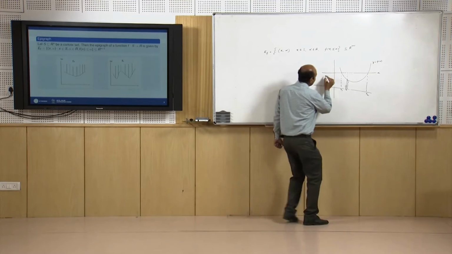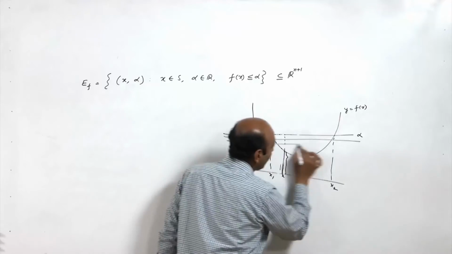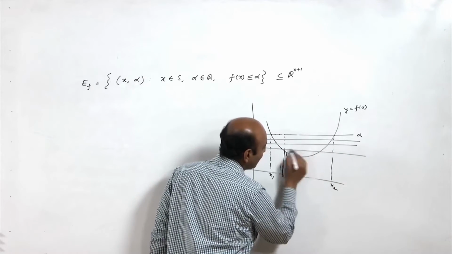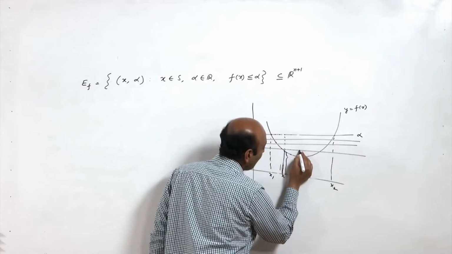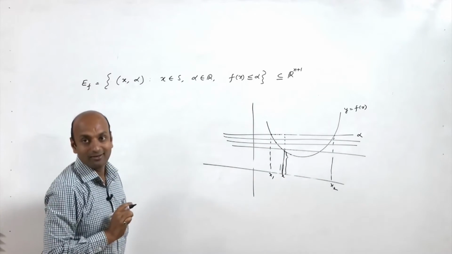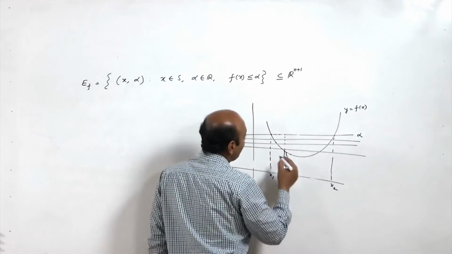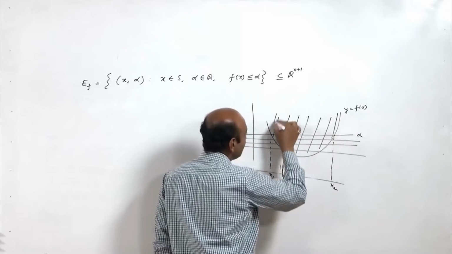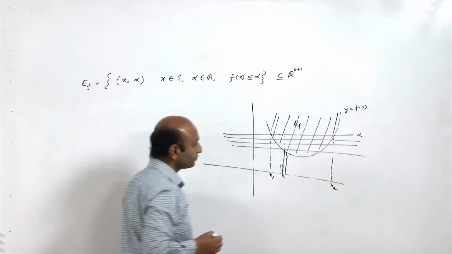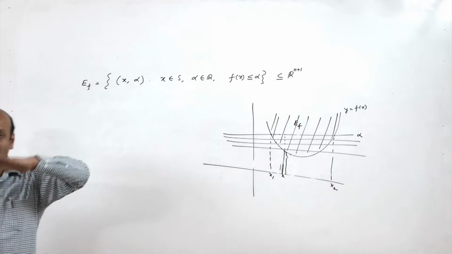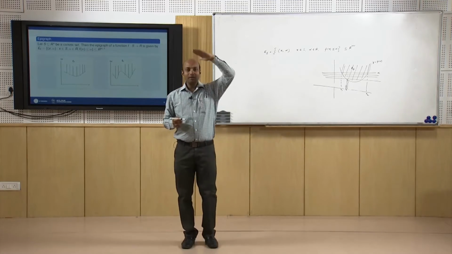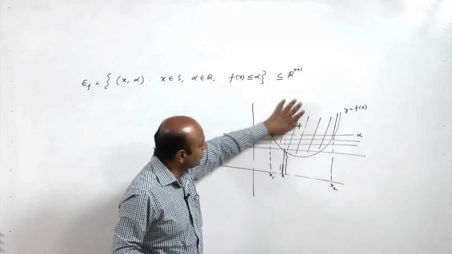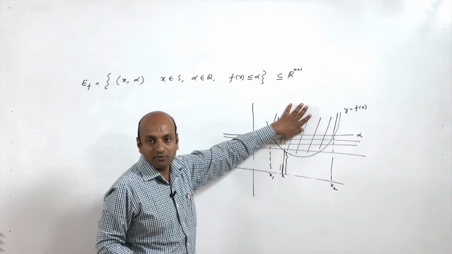Now you vary alpha. If you vary alpha, you will get the line segments joining these two points, for all (x, alpha) such that f(x) is less than or equal to alpha. So basically this is the entire region, the shaded region, which represents the epigraph of f.